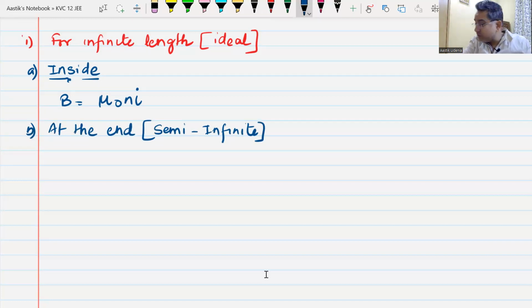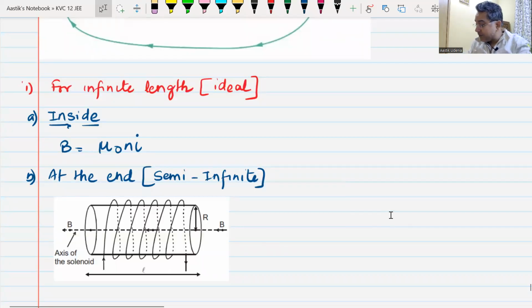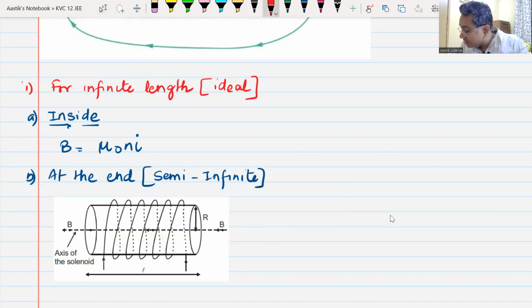If it is difficult for you to understand what I am saying, what we are trying to do in this case is to find the magnetic field at this point P, which is on the end of the solenoid.